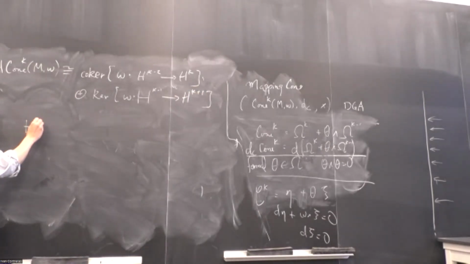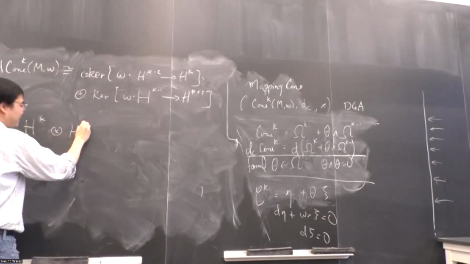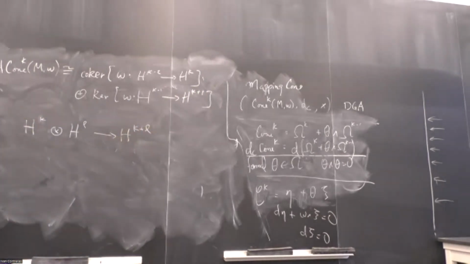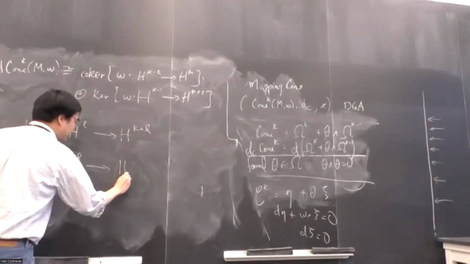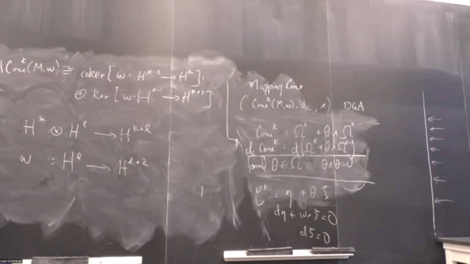So we certainly have the natural product on the ring, H^k times H^l to H^(k+l). And what we're doing basically is we set the first one to be omega. This gives a map from H^l to H^(l+2). Certainly this is a linear map, and we're looking at its kernel and co-kernel.